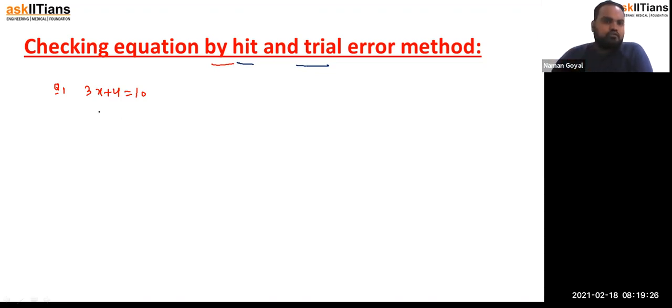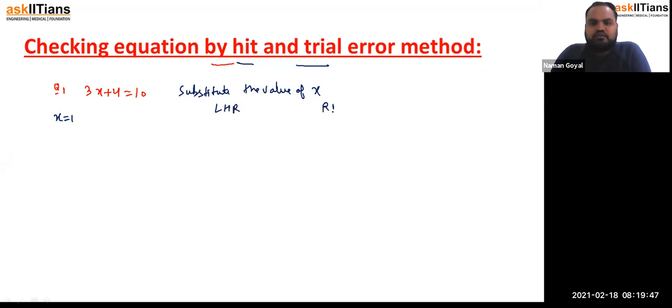So what I do, I first take x is equal to 1 and substitute the value of x. What do we get for LHS and RHS? This part is LHS and this part is RHS.